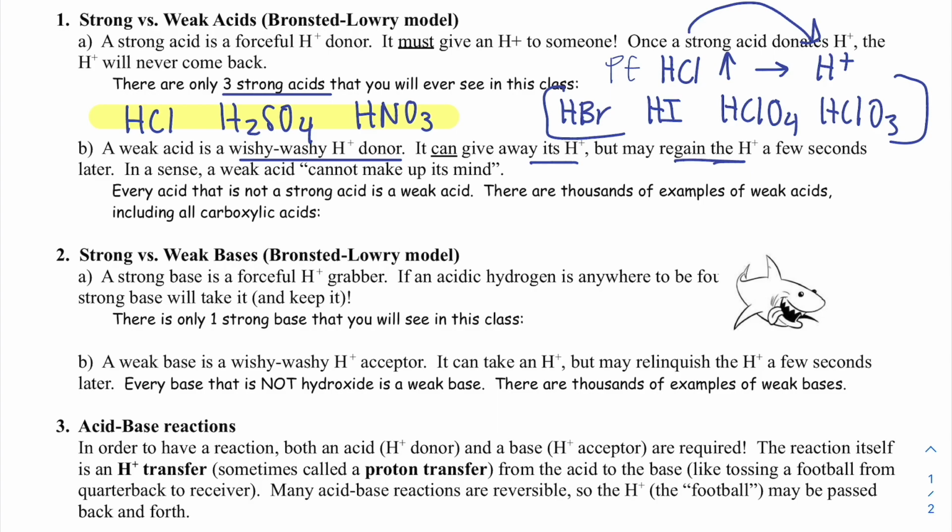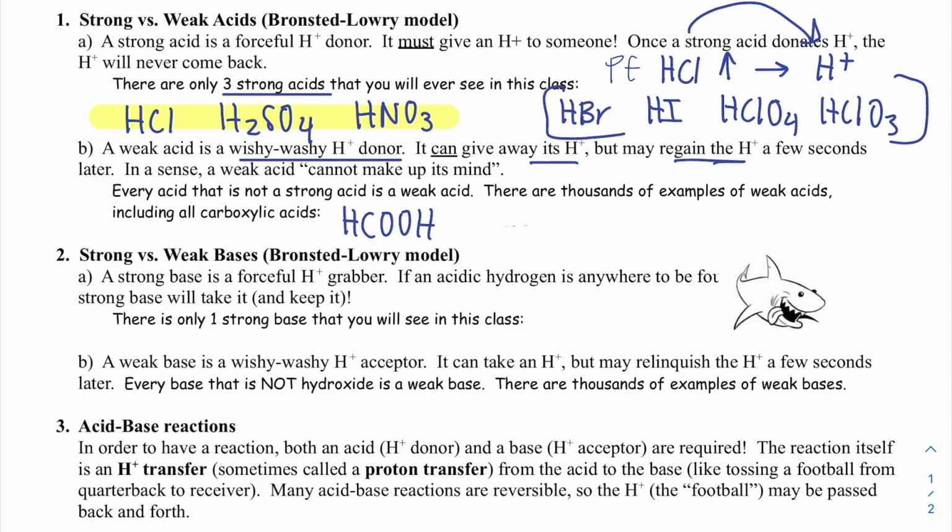And that is because the potential energy difference between the products and the reactants, like let's look at formic acid, HCOOH. This is the acidic form, and the form in which it's donated looks like this. There is a relatively similar potential energy between the two of them, so neither is more favorable energetic-wise.